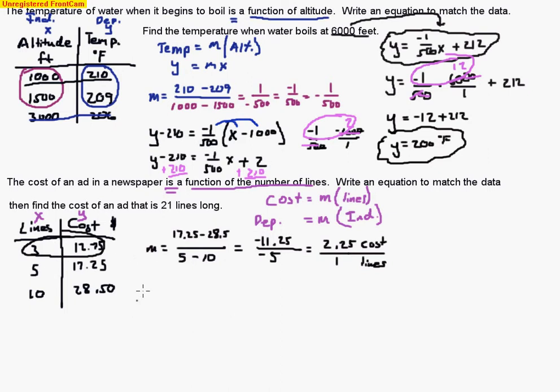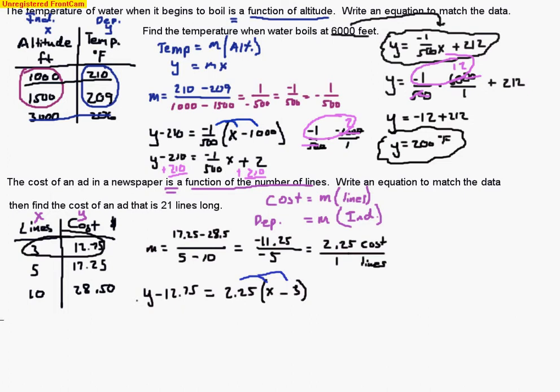So I'll write down y minus 12.75 equals the slope, which is 2.25, times x minus 3. So we'll do some multiplication there. Use that distributive property. Multiply the 2.25 over that subtraction, and here's what's left over.